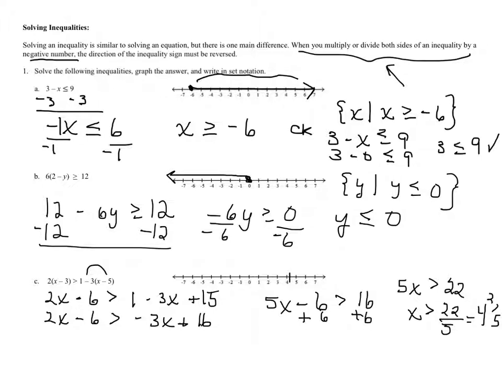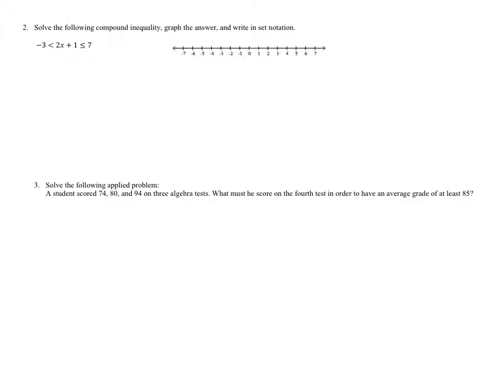So 4 and 2 fifths, do an open hole. X is greater than that, so I'm going to go to the right, and I'm going to kind of smush it in there, but you can write 4 and 2 fifths above it, so that you know that's where that open hole is. And again, set notation will be x such that x is greater than 22 over 5, and your parens. Very good. Let's go on to the next slide.